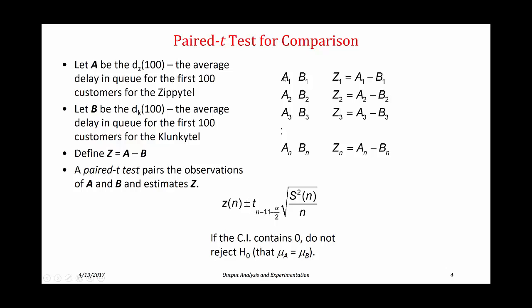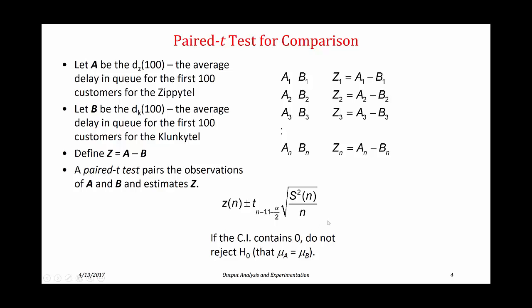So this is the first replication average, the second replication average, third replication average, and so on. Similarly, let B be the replication averages for ClunkyTel. So first replication, second replication, and so on. We're going to define the new random variable Z by subtracting A minus B for each replication. And then the paired t-test basically computes a confidence interval on Z.